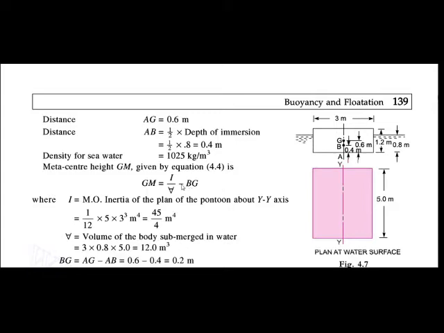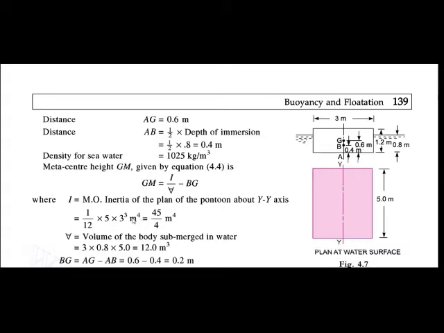First we have to calculate the I, that is the moment of inertia of the plane of the body about this y axis, that is a vertical axis. Here, as it is rectangular, I is equal to 1 upon 12 bd cube, that is bd cube by 12.